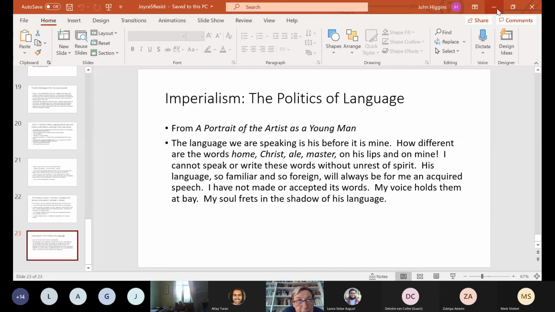So in the 1950s and 60s, there are many discussions of Joyce, but they don't talk a huge amount about his anti-imperialism. And indeed, in some discussions, all talk of politics would simply not be relevant to talking about literature.